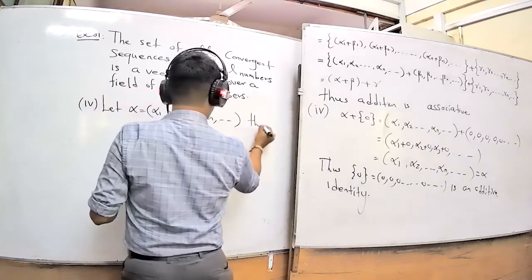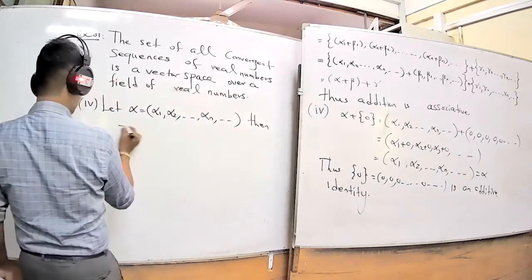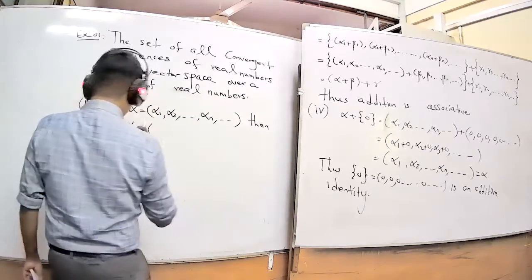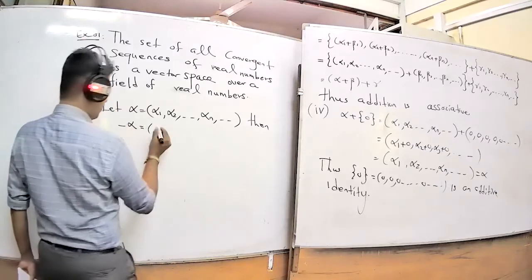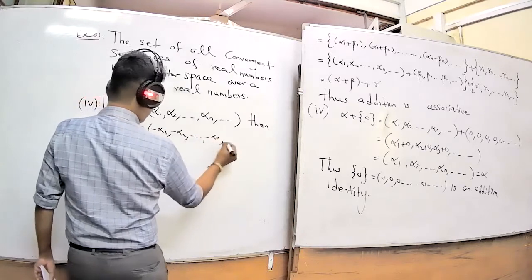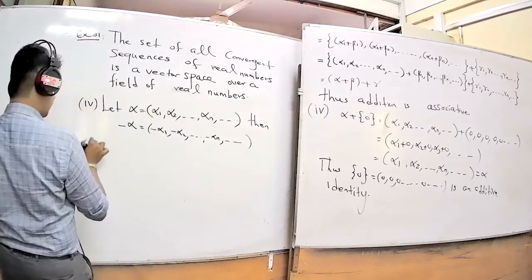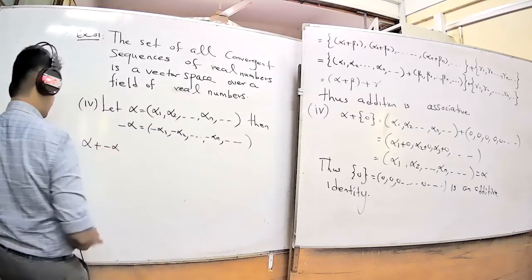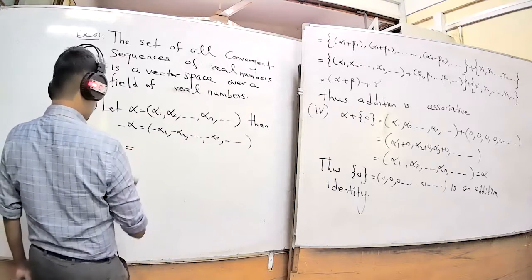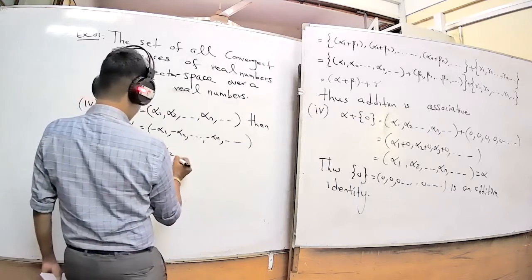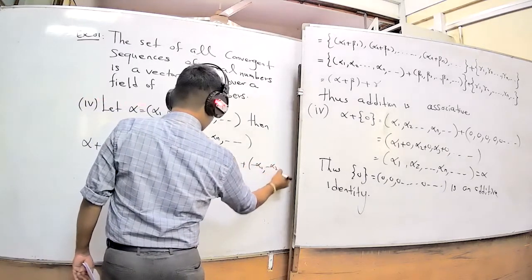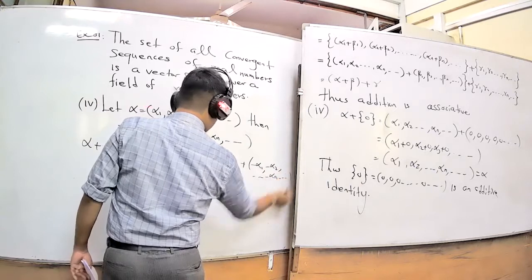Then what about the inverse sequence? Minus alpha is defined by multiplying each term by minus 1, so minus alpha 1, minus alpha 2, and so on, minus alpha n, and so on. What about alpha plus minus alpha? It is alpha 1, alpha 2, alpha n plus minus alpha 1, minus alpha 2, and so on, minus alpha n, and so on.